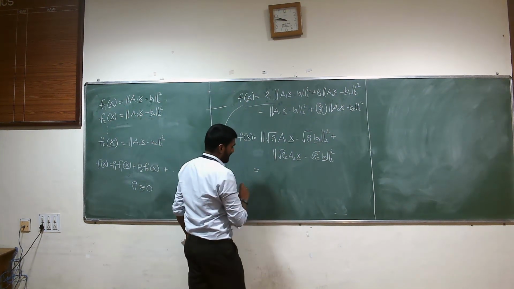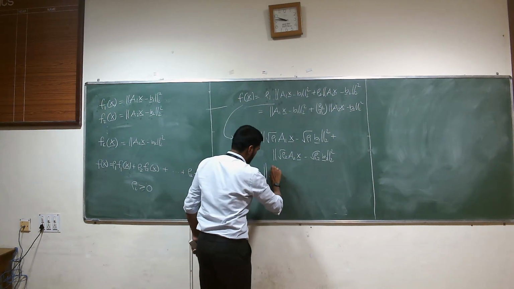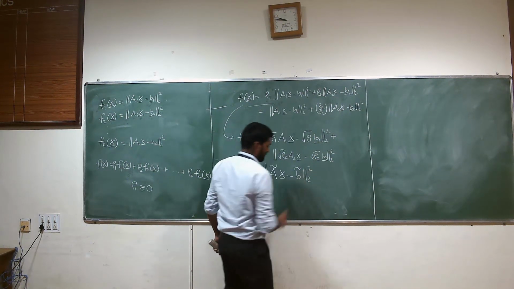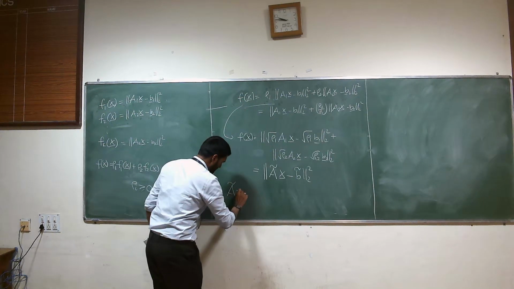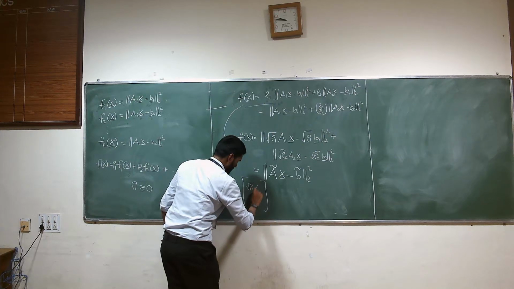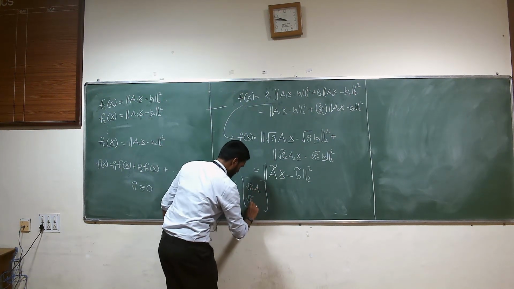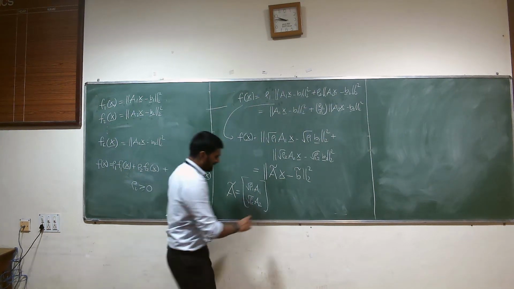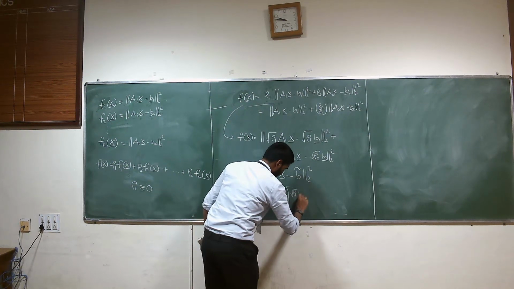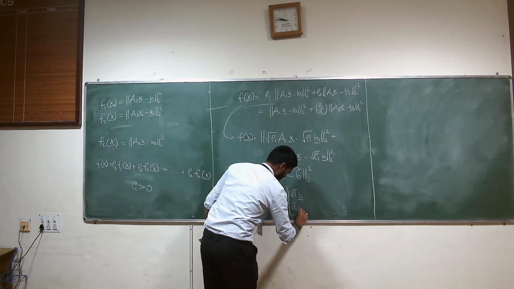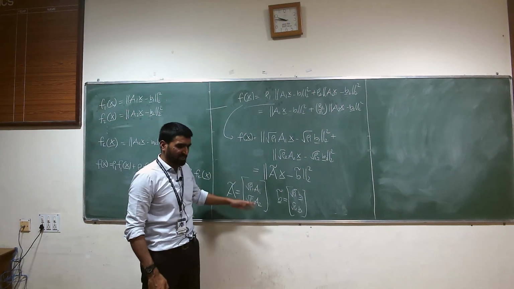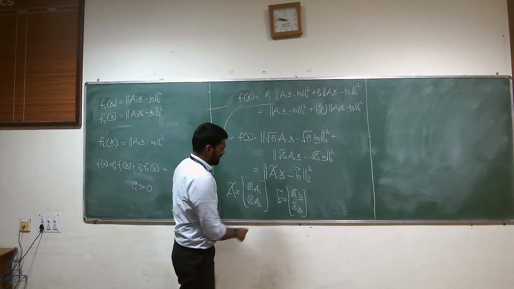You can actually write this as the norm of a tilde x cap minus b tilde, and your a tilde is simply this. You can verify this later by yourself. And your b tilde is this. You can later verify that this is a block matrix, that you can actually stack it like this.